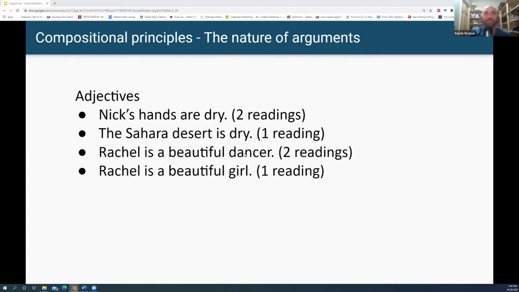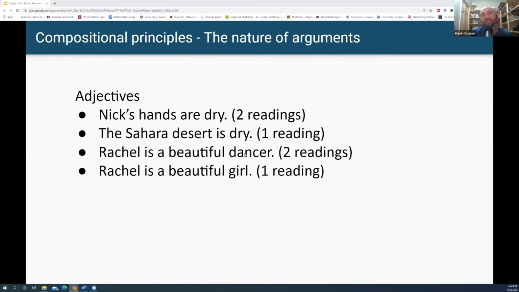But that's actually a really interesting example, which is a beautiful cook. Yeah, I think no. You can't think of her being beautifully cooking, right? So what you need is probably some sort of event where you can do it beautifully, right?